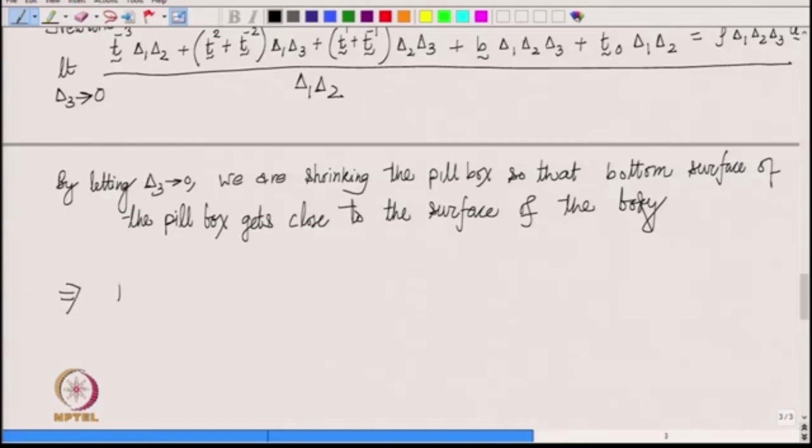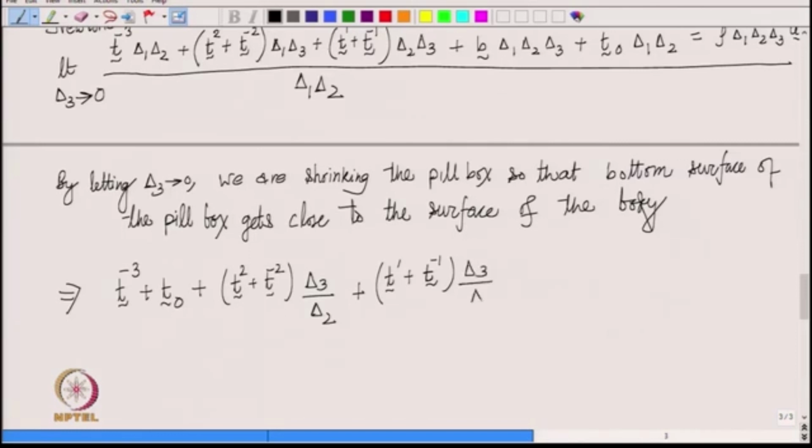So, we will have t minus 3 plus t naught plus (t 2 plus t minus 2) times delta 3 by delta 2 plus (t 1 plus t minus 1) into delta 3 by delta 1 plus (b minus rho times acceleration) into delta 3 equal to 0, right.